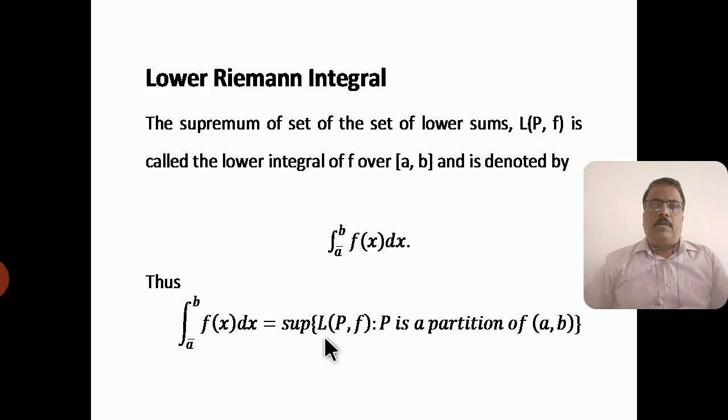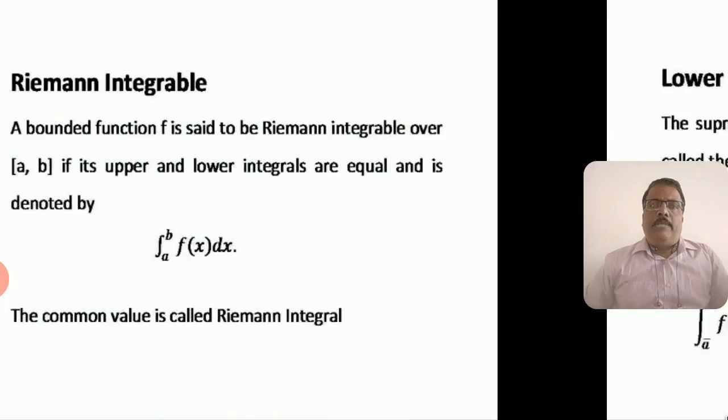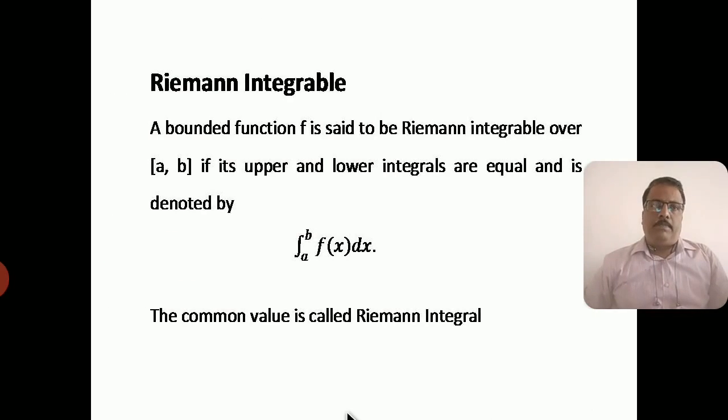Okay, so this is about the upper Riemann integral and lower Riemann integral. So now we see what is Riemann integrable. Now a bounded function f is said to be Riemann integrable over the interval [a,b] if its upper and lower integrals are equal.